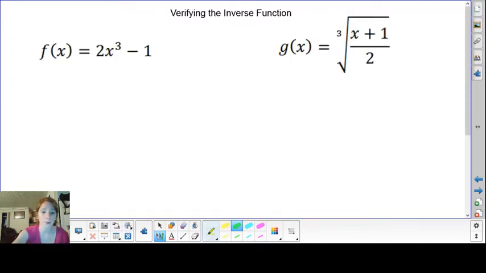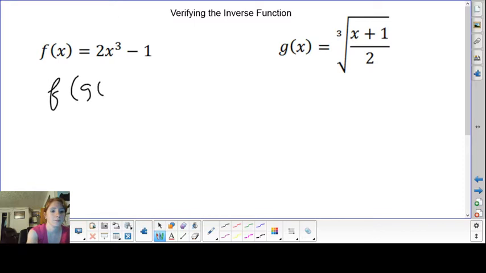So let's start with f of g of x. Just keep in line with what we did yesterday.